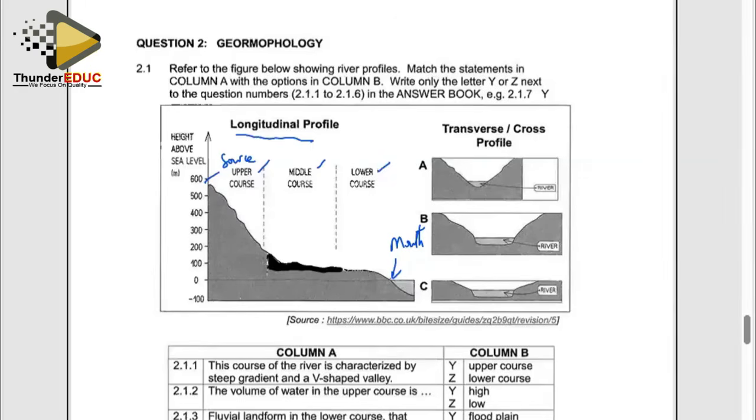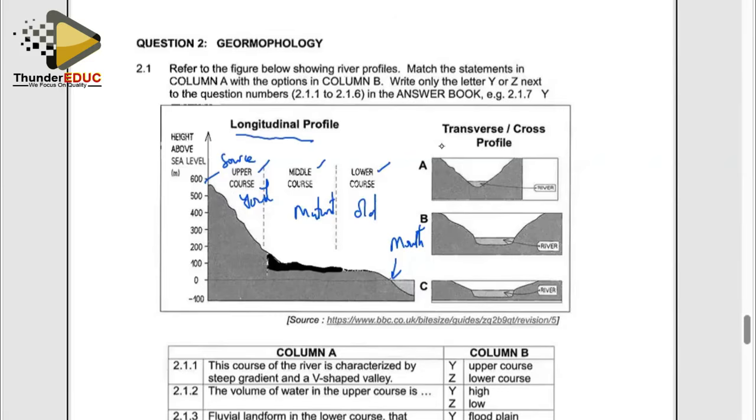Or in another dimension of understanding, the river is in its youthful stage. Here it's still young, then it reaches maturity, then it gets old as it gets to the last part. Right, that is our longitudinal profile.